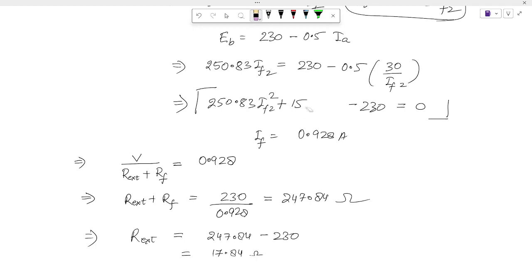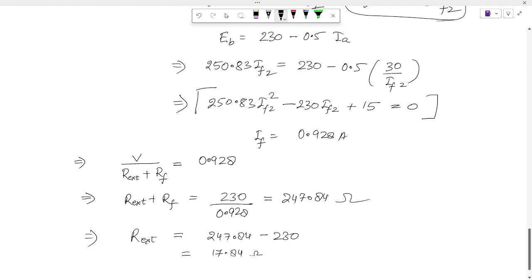This is constant and this is 230 I2. Okay. What I also thought is that we have gone step by step the right way. So this will become 250.83 IF2 square minus 230 IF2 plus 15 is equals to 0. Find out what is the value of IF.